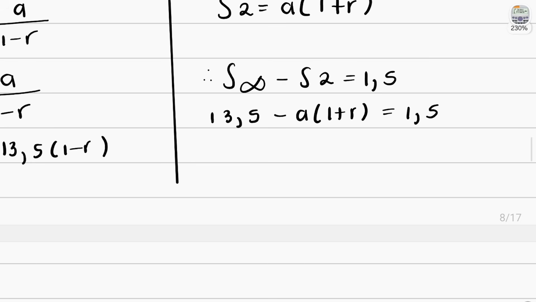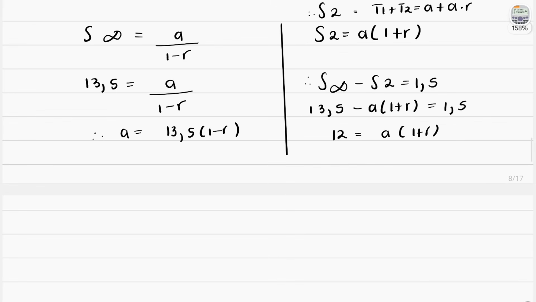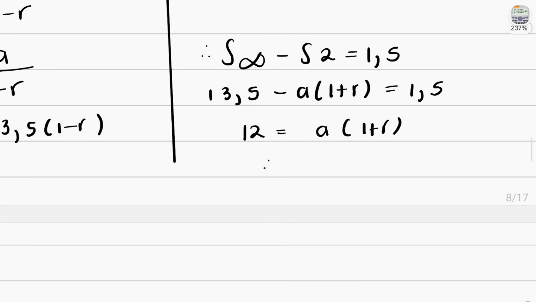Okay, so now we can just go ahead and transpose this to keep it on one side and bring the number over. So that's 13.5 minus 1.5, which is 12. So this is 12 is equal to positive a times 1 plus r. And then we can make a the subject. Okay, so a can just be the subject in both. So divide both hand sides by 1 plus r.